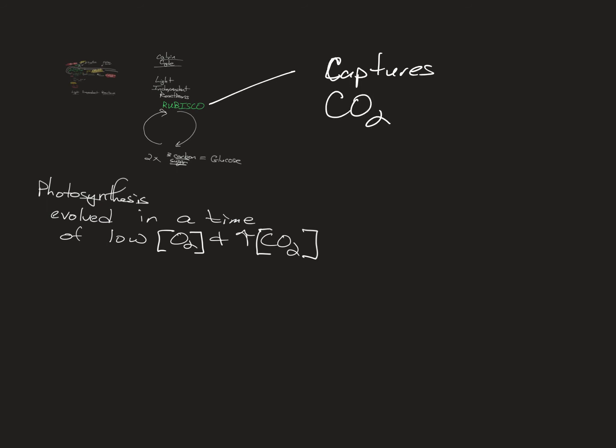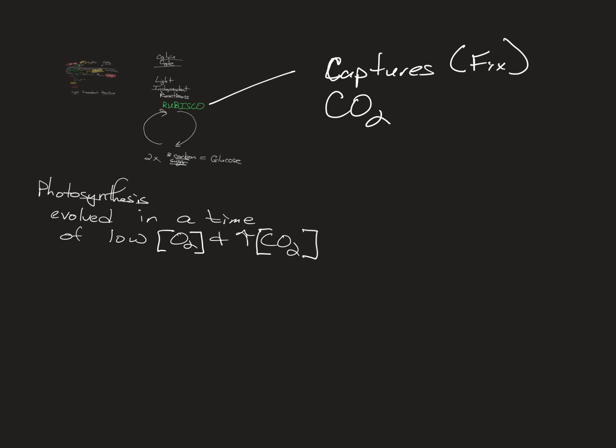That's what gets the carbon into the cycle. Without rubisco, you don't have CO2. You don't have carbon for the cycle. You can't make glucose. You can't make fructose. You can't make fats. You can't make biomolecules because you can't capture the CO2. Another word for captures is fix. It fixes CO2.